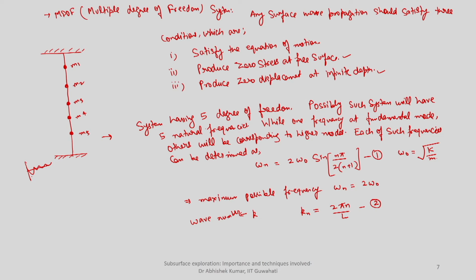From equation 1, it can be understood that omega n is not varying linearly with n. As the degrees of freedom keep increasing, the natural frequency corresponding to each mode of vibration is not varying linearly.